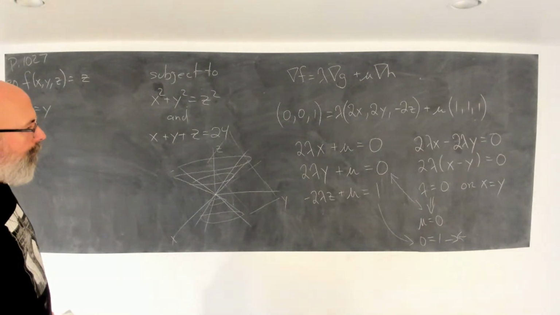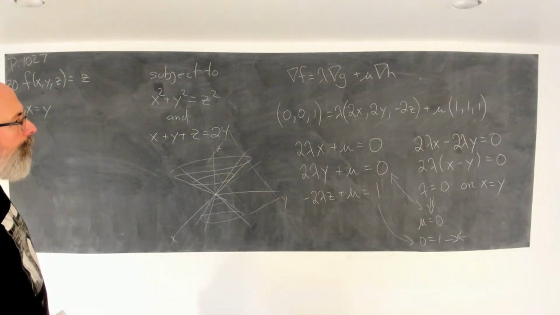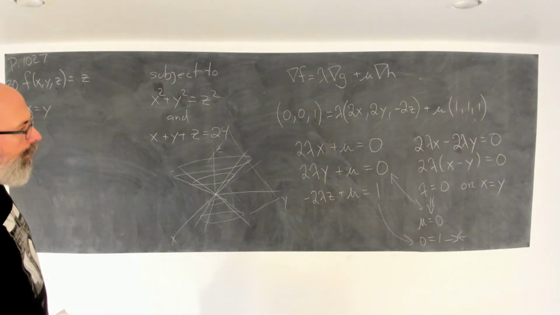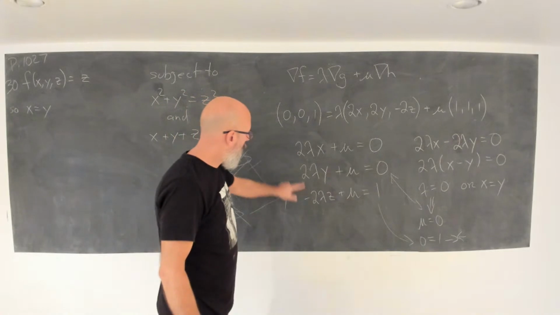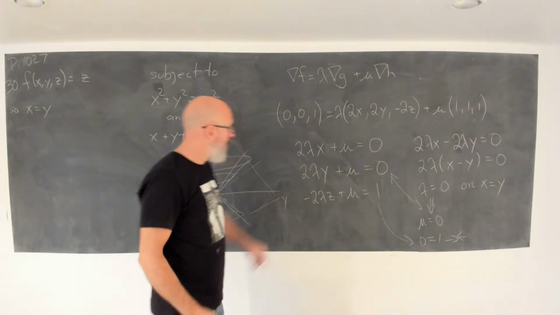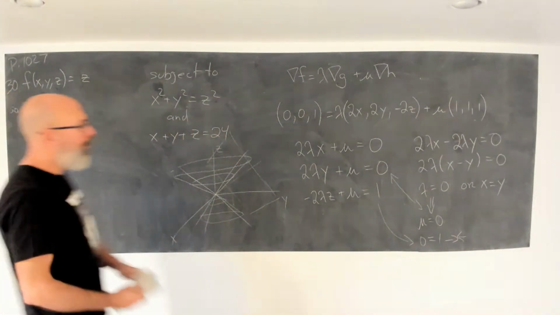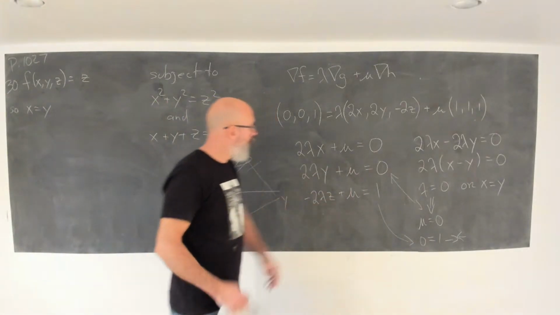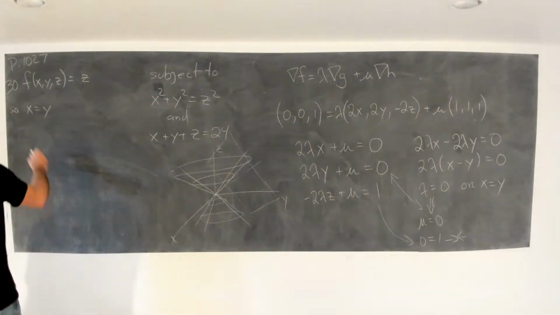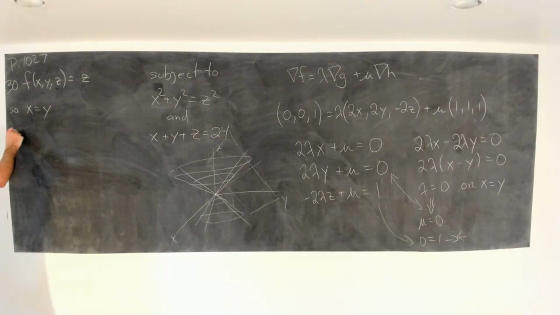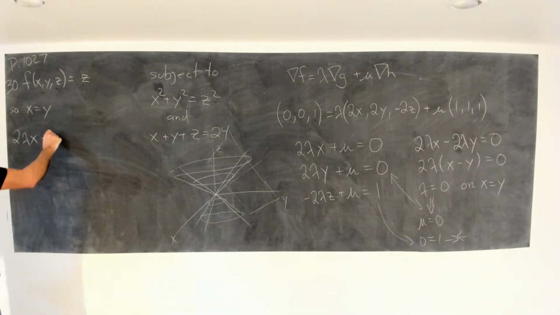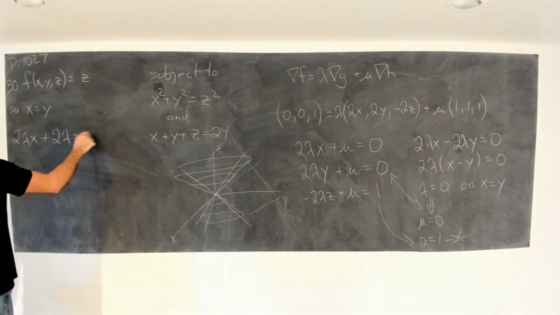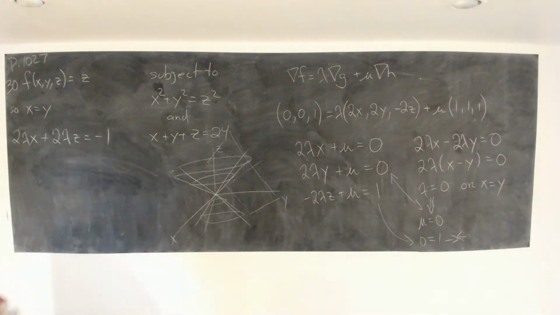Very well. And in that case, we can subtract these two, getting rid of the mu again. And we get 2 lambda x plus 2 lambda z is equal to -1.